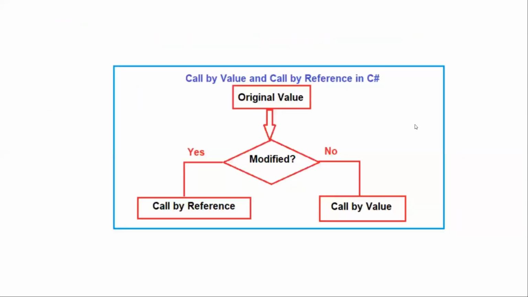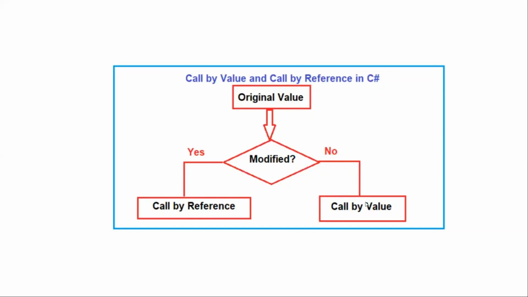So this is what I am trying to illustrate here. If you are passing by value, the original value will not be modified, because when you use call by value, a separate instance is created for the parameters being passed.